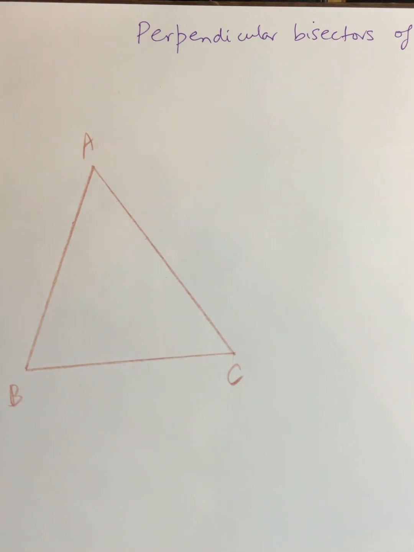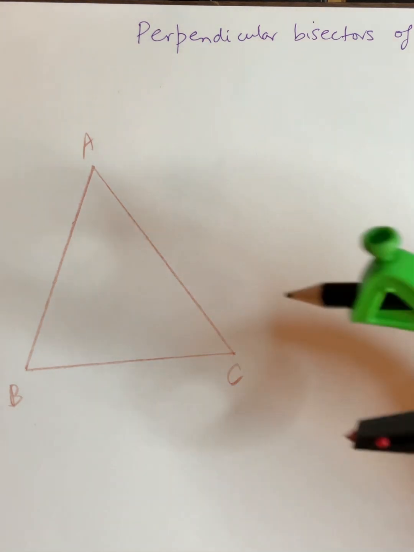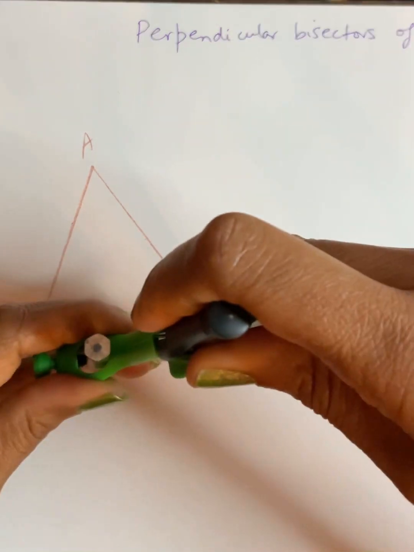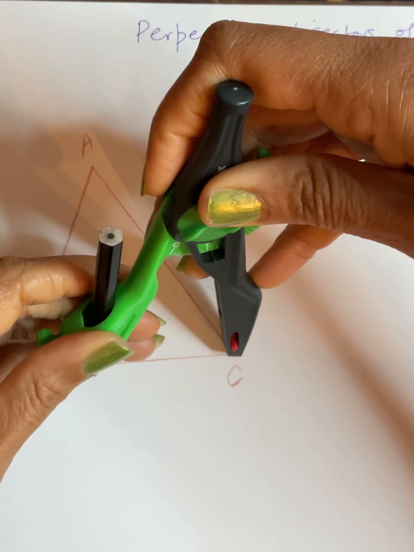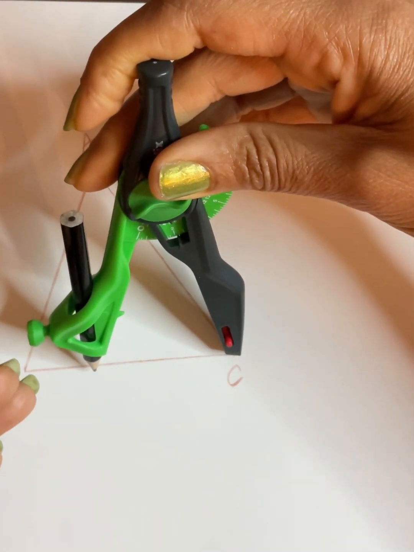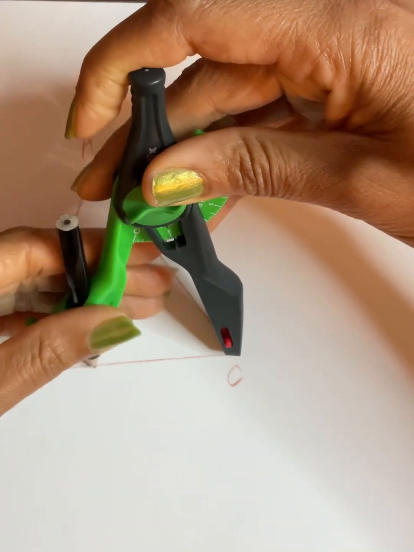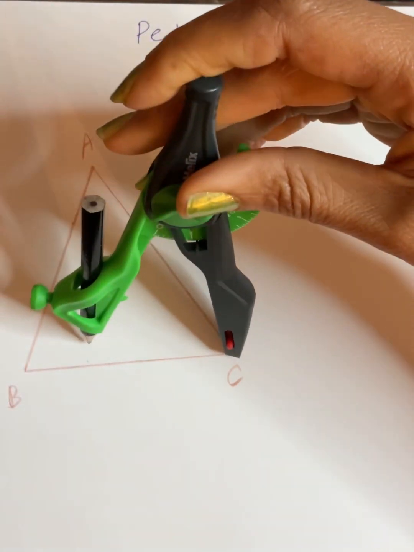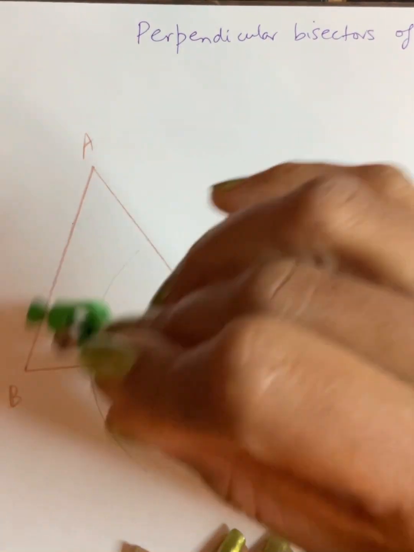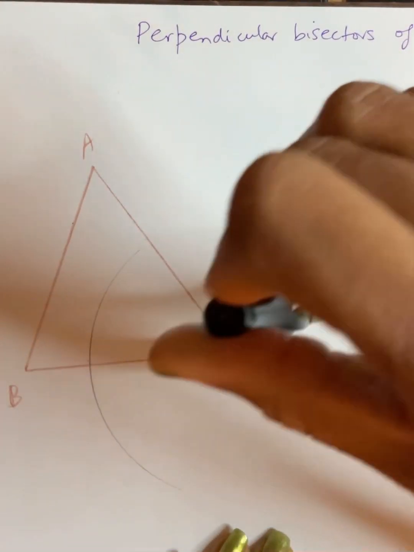Okay. So first and foremost, I need to construct a perpendicular bisector of a segment. I'm going to start with segment BC. I just need the span of my radius to be a little bit more than half of segment BC. Always have a little bit more than half.